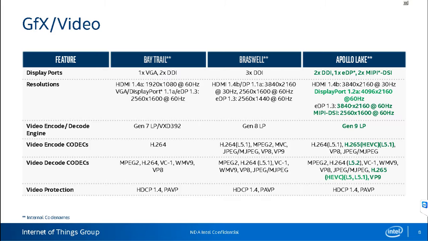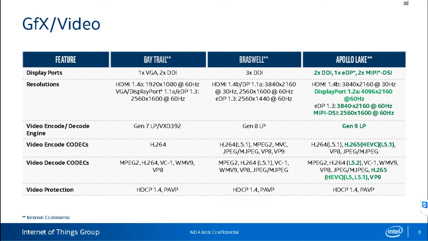So on video codecs, Apollo Lake increased the capability on video decoders. We have new encoders and decoders, the H.265 HEVC L5.1, and on the decoder we add the HEVC L5.1 and VP9. So there are many more features on Apollo Lake in comparison to the previous Atom and Celeron families.